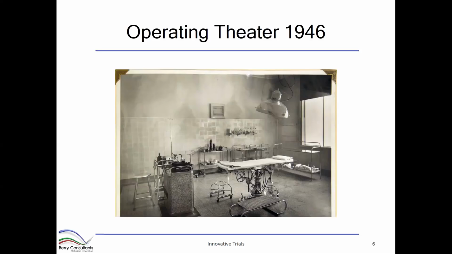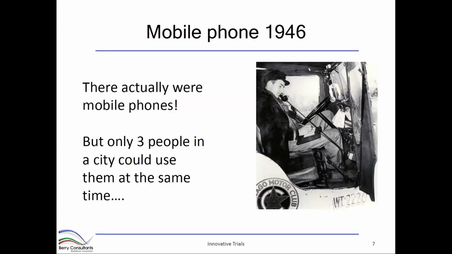Certainly seems quite Spartan compared to something we would do today. I was going to have a blank slide for mobile phones, but I actually found out that there were mobile phones in 1946 based on walkie-talkies. The difficulty with the 1946 mobile phone is only 3 people in a city could use them at the same time, because of restrictions on how the frequency space was used.